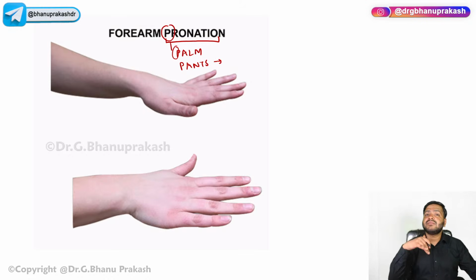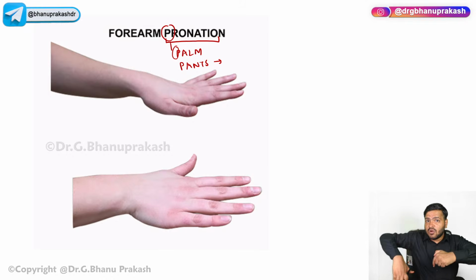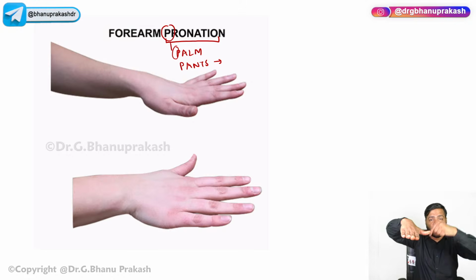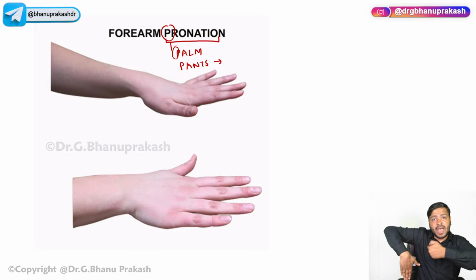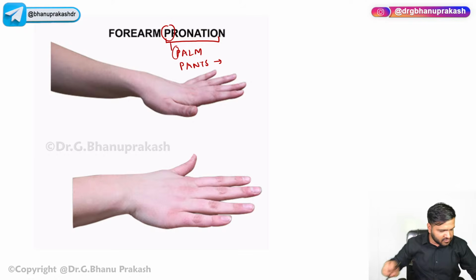So you automatically have to click in mind that the palms will be facing downwards. Movement of forearm in such a way that the palms are facing downwards, that is something which is called as pronation.